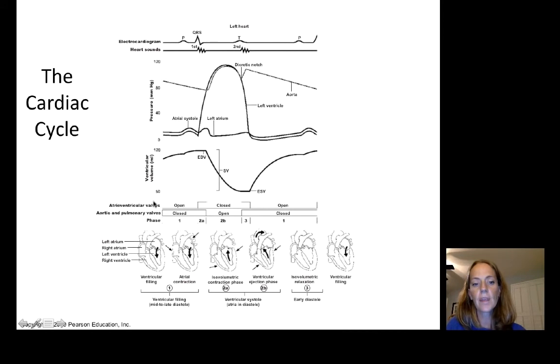You can also follow the valves and the different phases as we've drawn them. So don't be intimidated by this graph. Just pull it apart one tiny piece at a time, looking at the 3 phases that we've talked about, and try to follow the volume, the pressure, the valve events, the atrial events, the ventricular events, and the electrical events together.